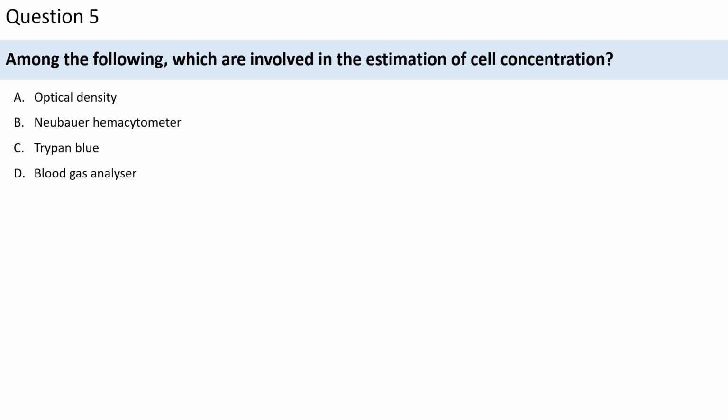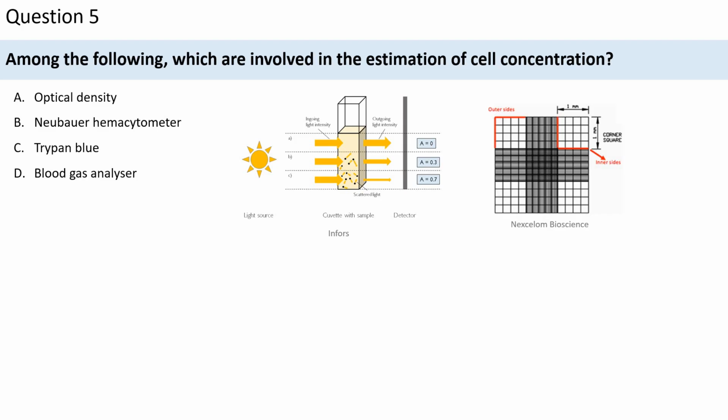Among the following, which are involved in the estimation of cell concentration? Optical cell density, which we take as OD 600, we take it very normally, whereas the hemocytometer is used in mammalian cell cultures for overall cell counting.